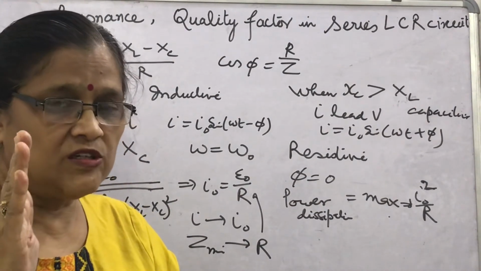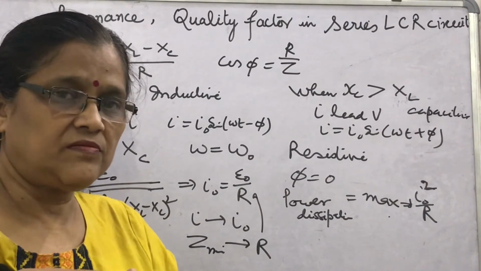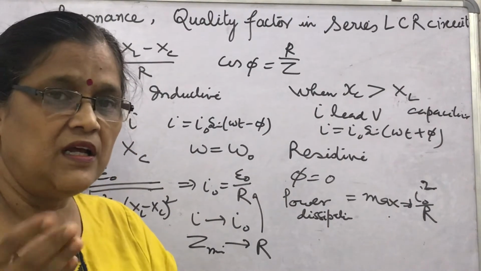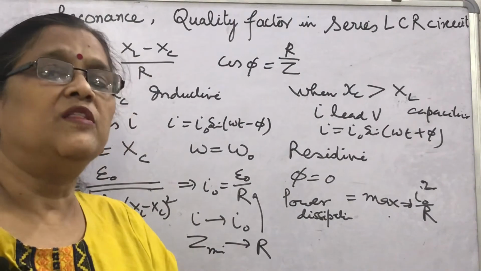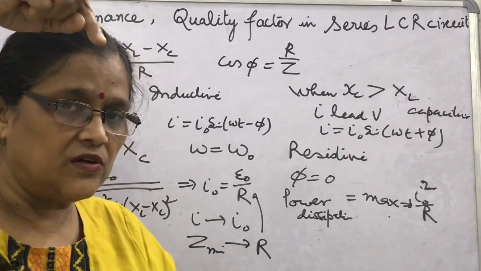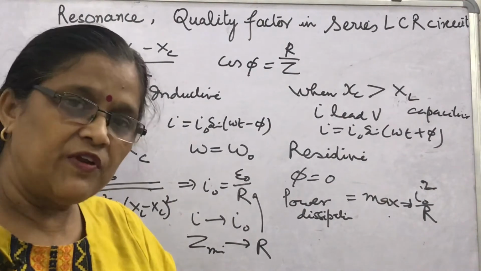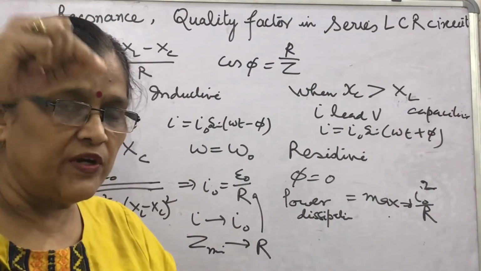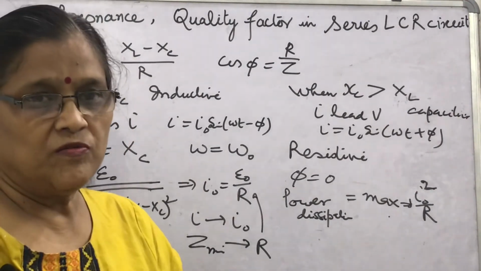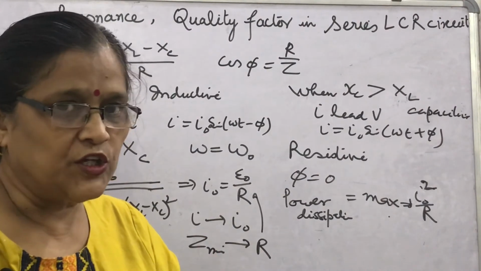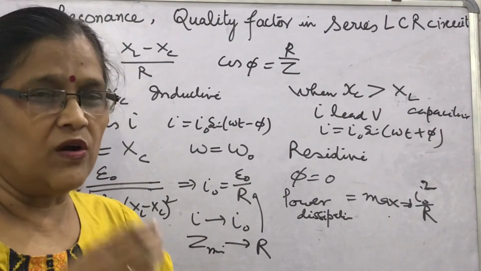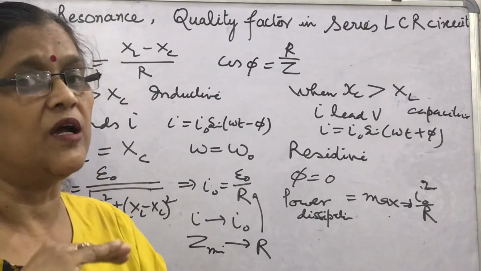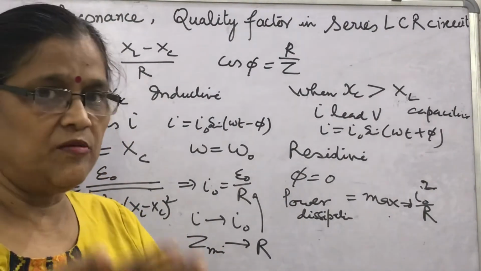Out of all those frequencies, that frequency corresponding to which the set's frequency, radio or TV, whatever you consider, and the frequency of the broadcasted station are the same or nearly the same, then the current in the circuit becomes maximum, power becomes maximum.